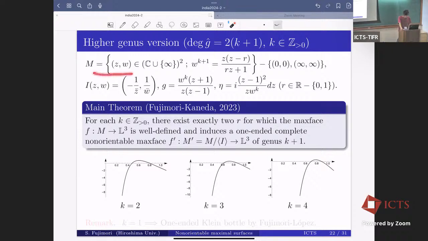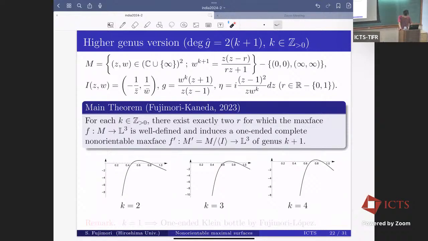And the Riemann surface, the double cover, is defined this way with one parameter R. And we can set f, G, eta this way. Then we could prove that for each k, where this is the genus of the double cover, there exist exactly 2 values of R for which the period problem is well defined.